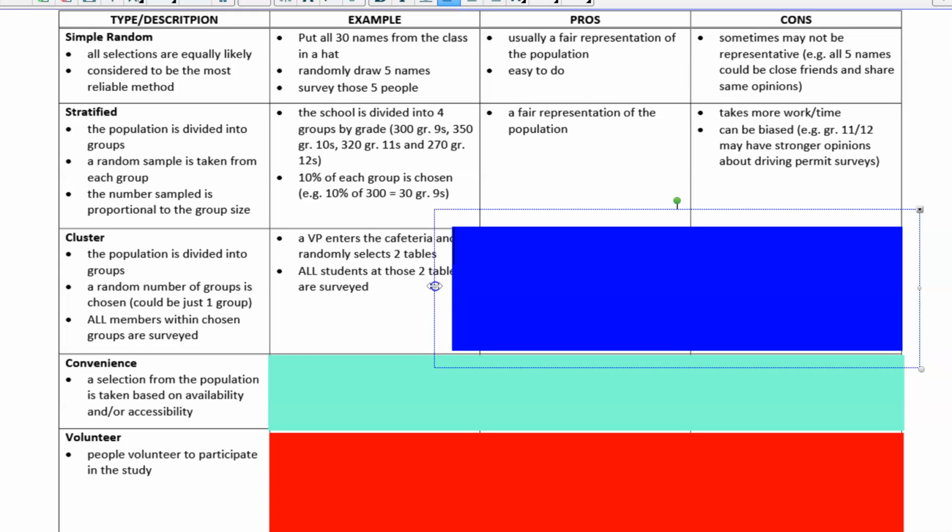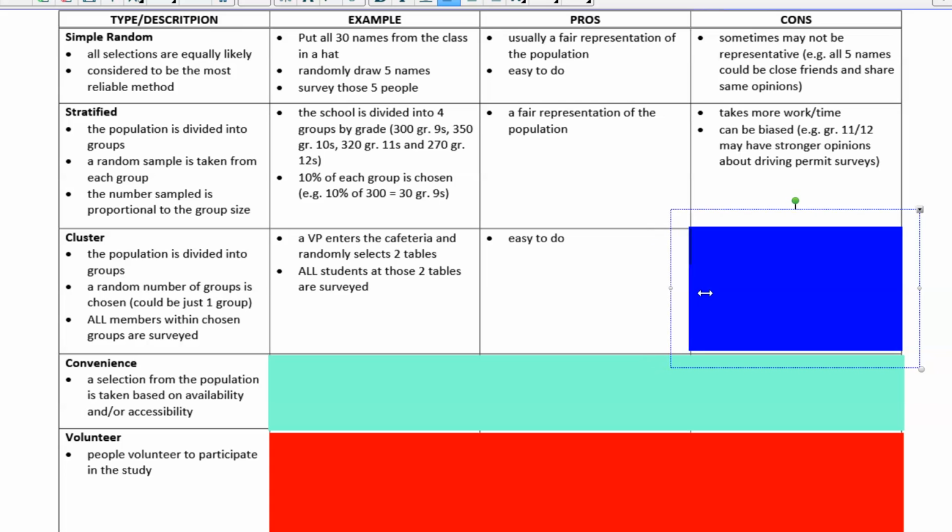So my example for this one is that if the vice principal enters the cafeteria and randomly selects 2 tables in the caf, and then all students at those 2 tables are surveyed. Okay, so it's not a certain percentage of each table like stratified was, it's all of the table and however many that they randomly choose. Okay?